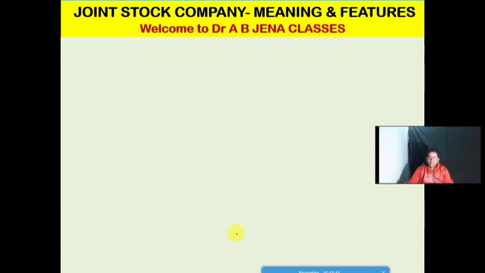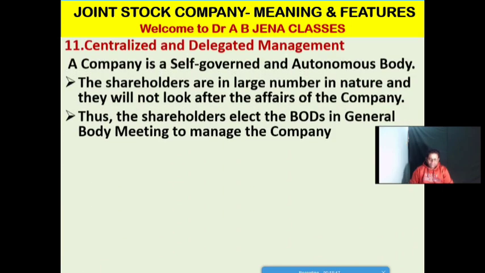So next feature of a joint stock company is the centralized and delegated management. The company is a self-governed and autonomous body. Autonomous body means the company can take decisions and formulate policies and plans.